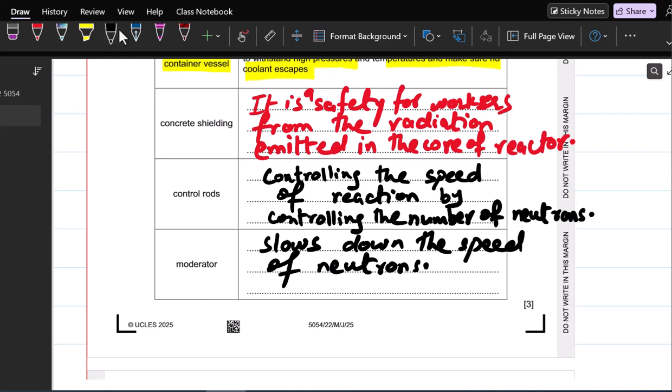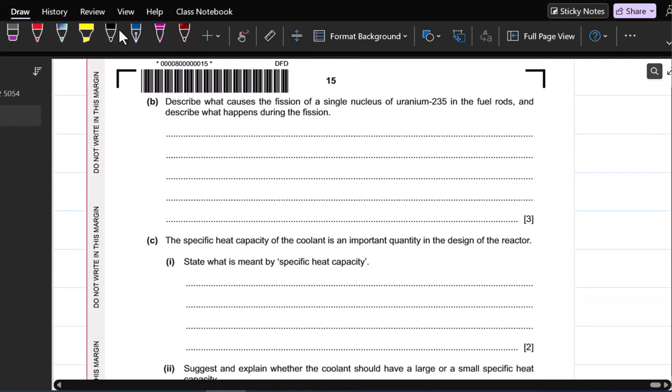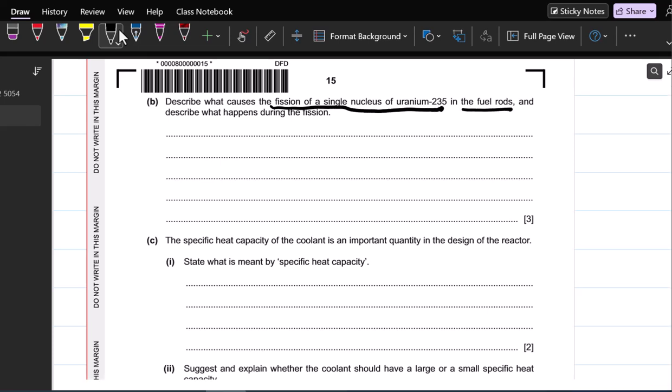So next part is: describe what causes fission of a single nucleus of uranium-235 in the fuel rods. Okay, fission process we have to discuss here and describe what happened during this fission. So fission reaction starts when a neutron hits uranium-235.